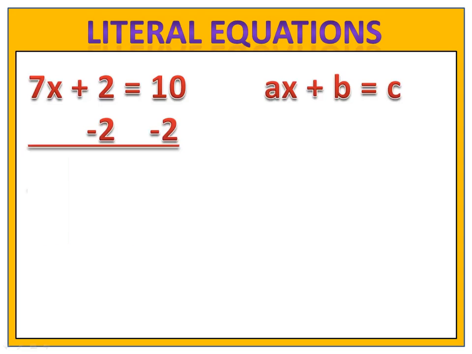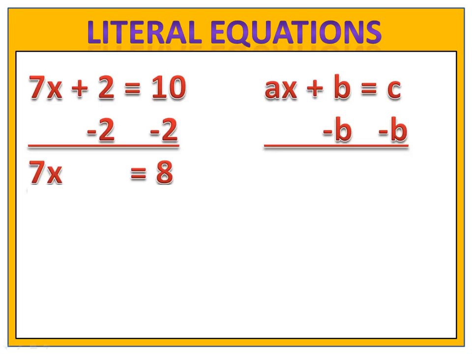We began in our first equation by subtracting 2. In the literal equation, we're going to subtract b. That gives us 7x equals 8, and ax equals c minus b. Now, in the regular equation, we would divide both sides by 7.